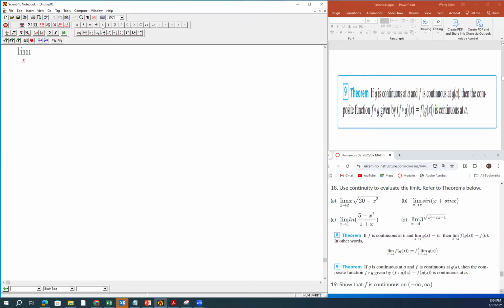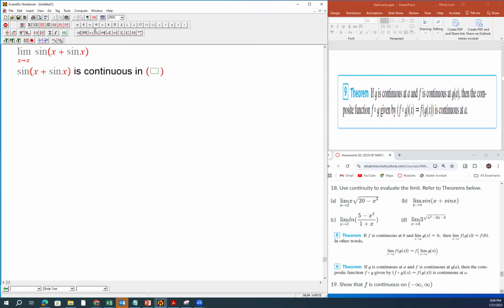when x approaches pi, don't be inhibited by this, right? So it's sine of x plus sine x. So this function is continuous everywhere. It's continuous in the entire number line.